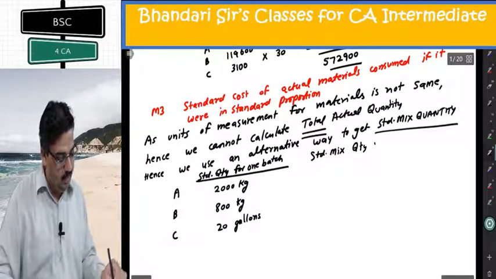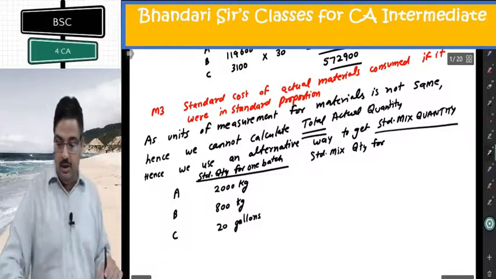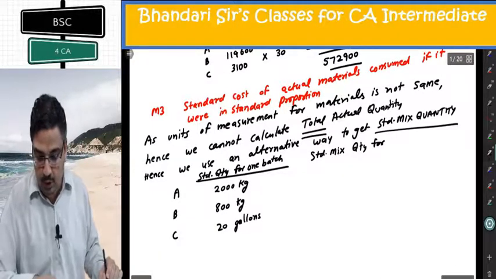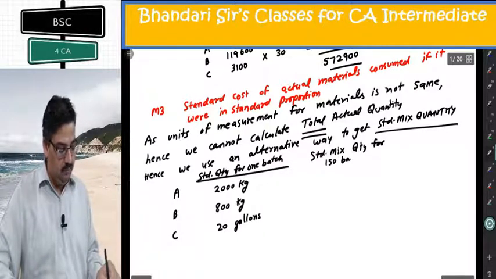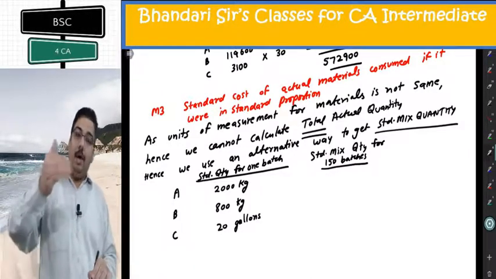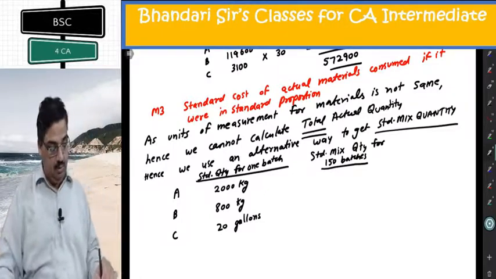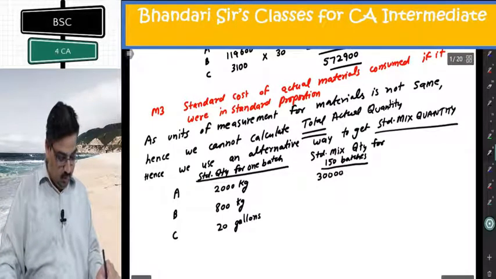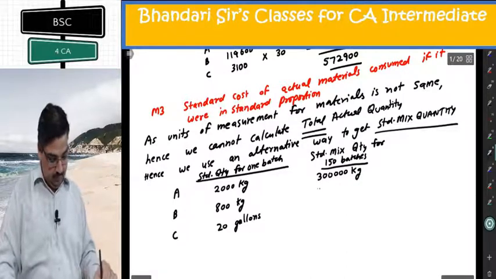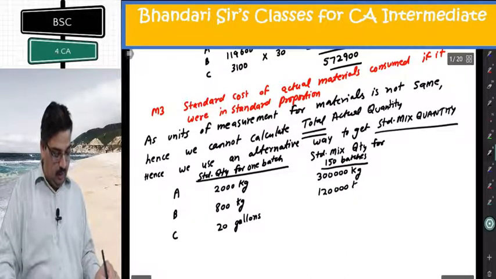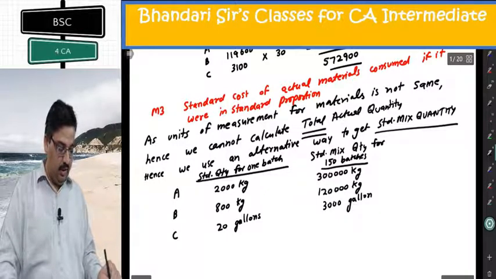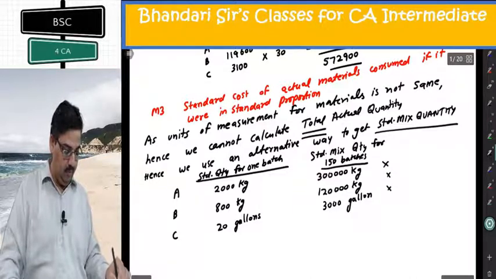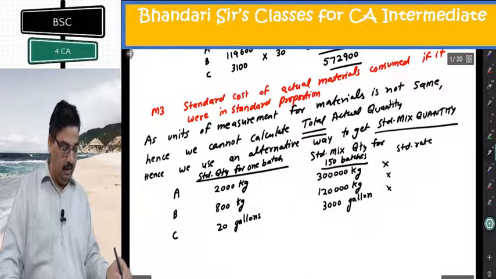Standard mix quantity for how many batches did they produce? They produced 150 batches. So if I multiply the column of one batch with 150, I'll get the standard mix quantity. 3 lakh kg, 1,20,000 kg, 3,000 gallon multiplied by standard rate.